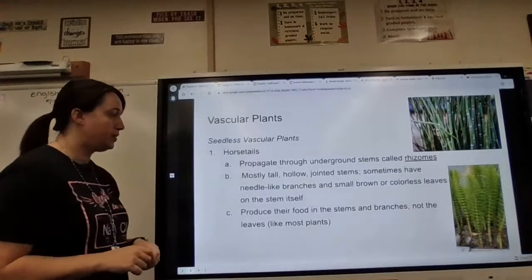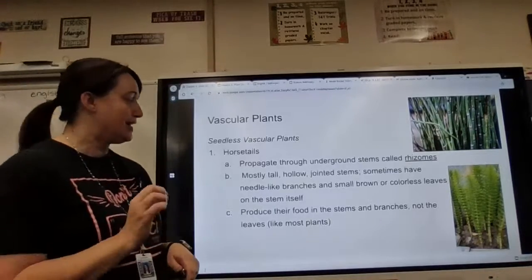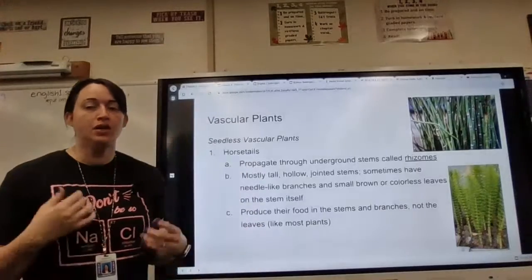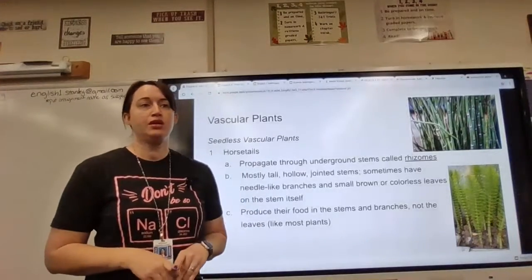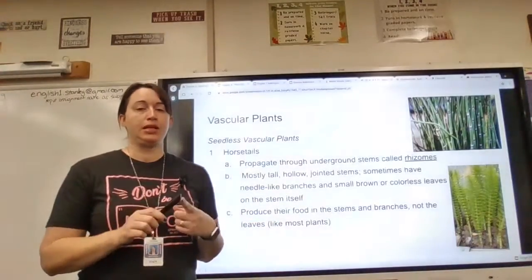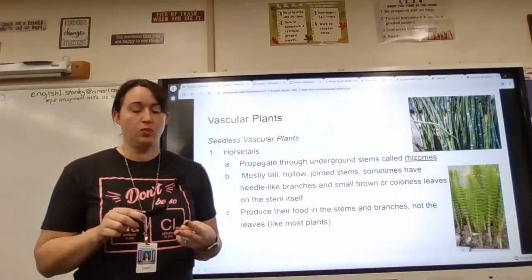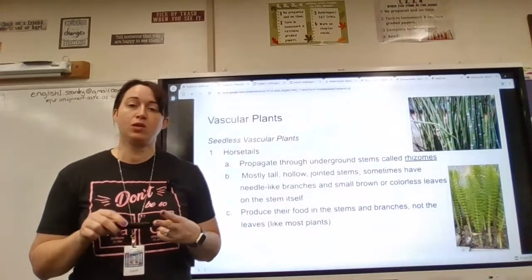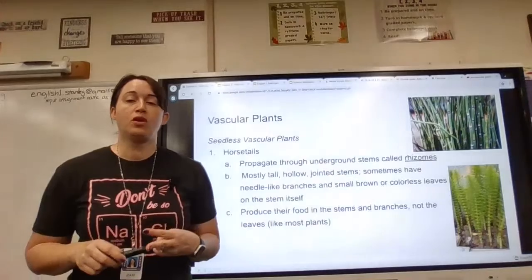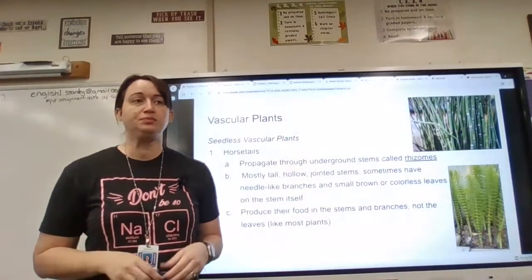They produce their food in their stems and branches, not in their leaves. When we learned about plant cells, we talked about how plants have chloroplasts, which have chlorophyll inside of them, and the chlorophyll is responsible for photosynthesis.